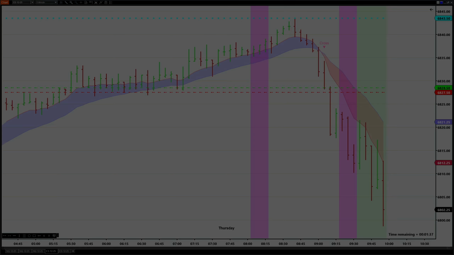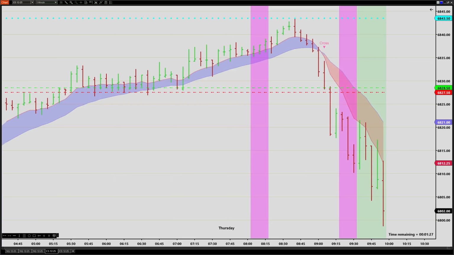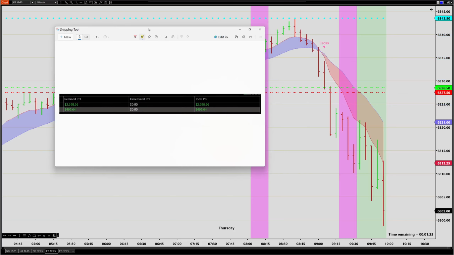My money account is going to be the top line. That sim account ES trade is the lower line. I have a daily profit target of $2,700 and a daily loss limit of $1,000.